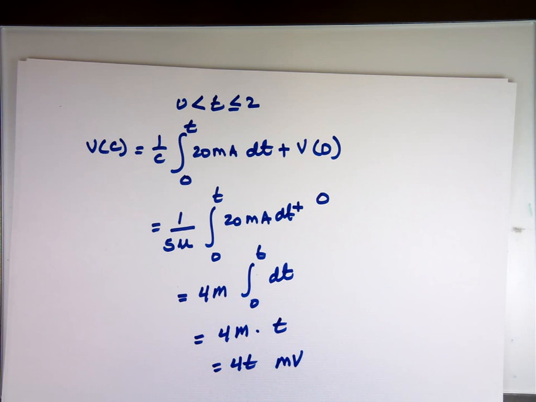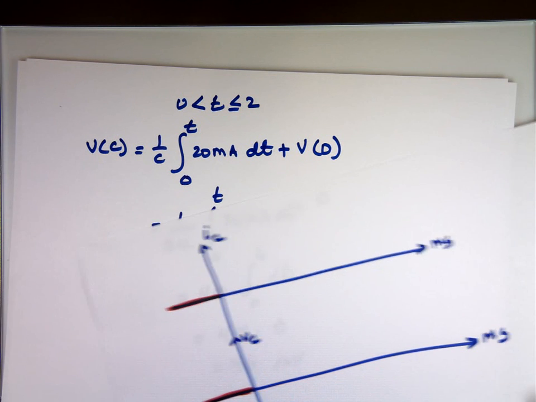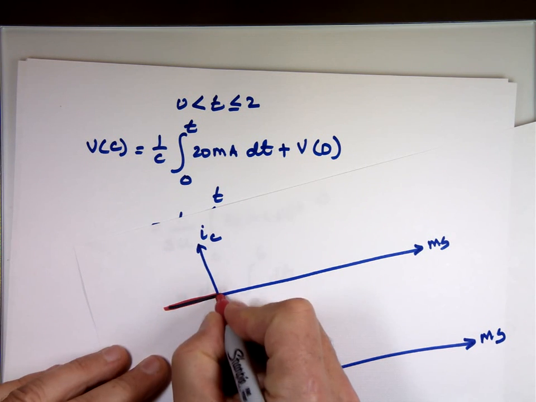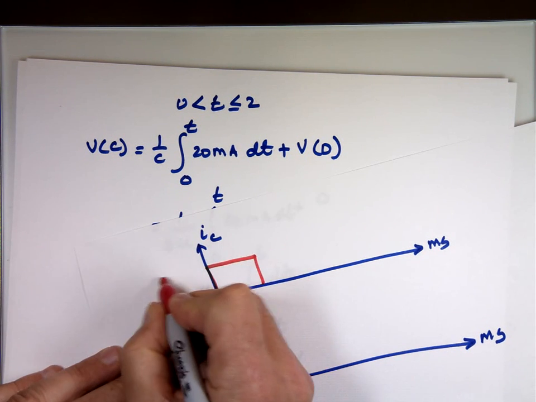So the voltage is going to be a straight line, 4t. Let me graph that. Let's see what it looks like. 4 times t. Going back to my picture, right here, this is what the current was. 20 milliamp.